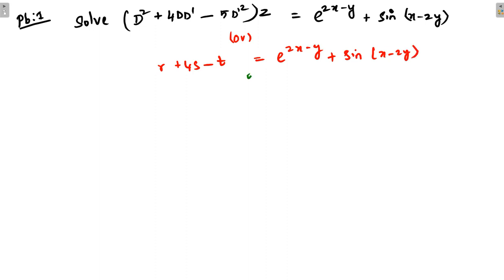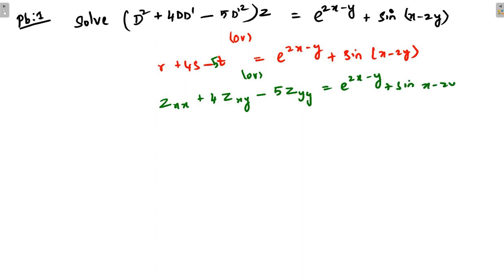Sometimes they will use this notation also: z xx plus 4 z xy minus 5 z yy equal to e power 2x minus y plus sine(x minus 2y). So you must know the different notations for the partial derivatives.